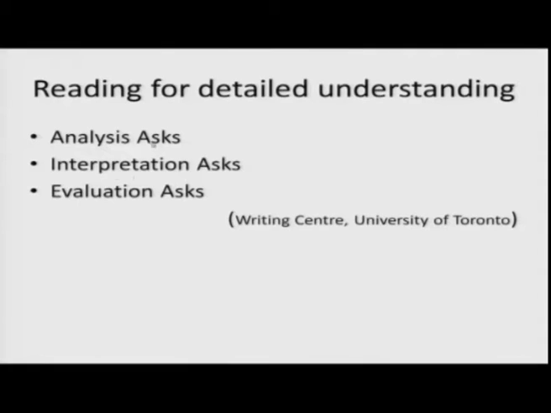According to them, when we read for detailed understanding, the reader usually asks three kinds of questions: analysis, interpretation, and evaluation. For our purposes, we will look at the first two, analysis and interpretation, in this lecture. We will look at evaluation when we look at critical reading in detail.